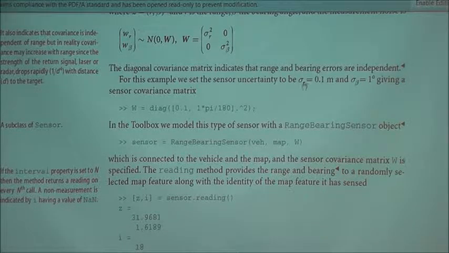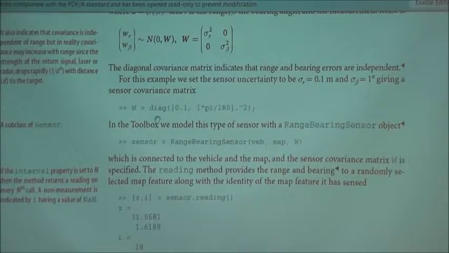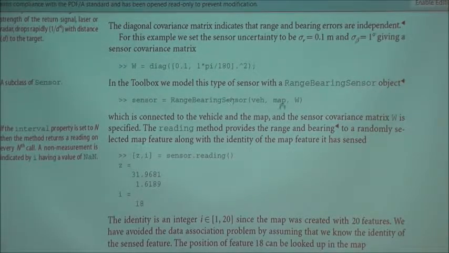Remember, R is for the distance and beta is for the orientation. Therefore, you have degree. Giving a sensor covariance matrix given by this. And you can also have a command for this particular sensor called range bearing sensor, like this. Okay.